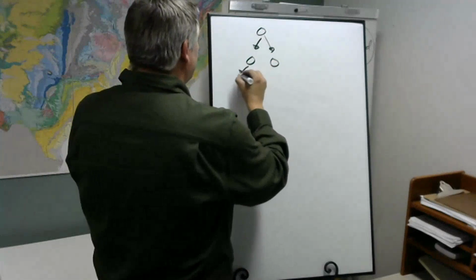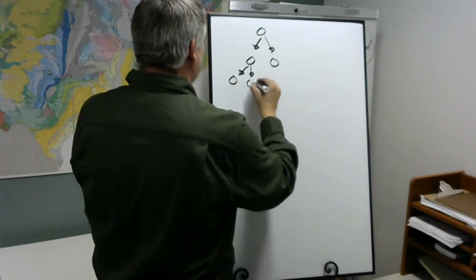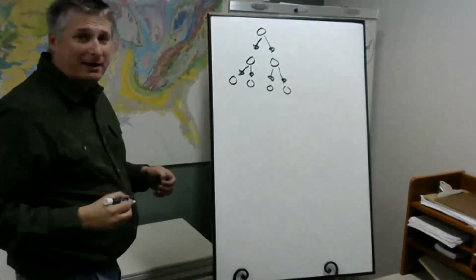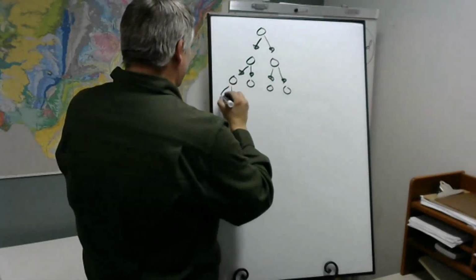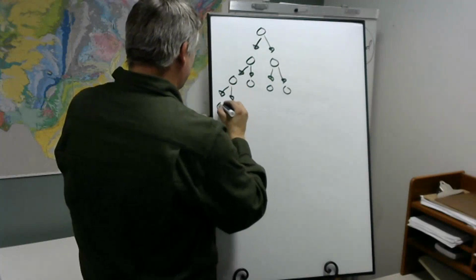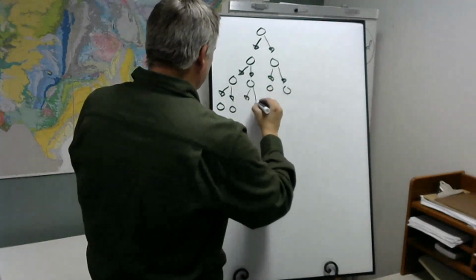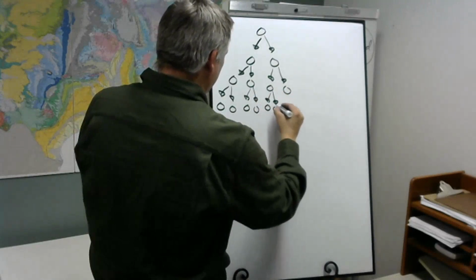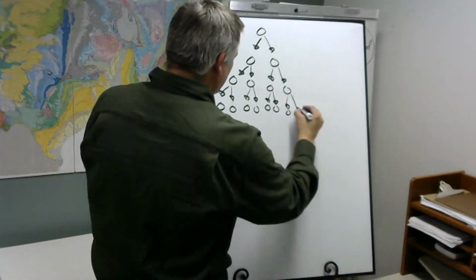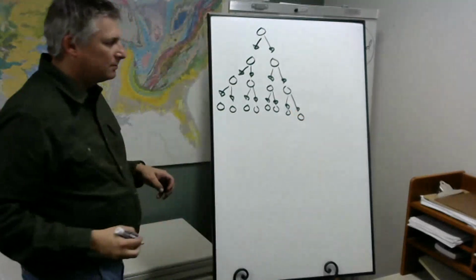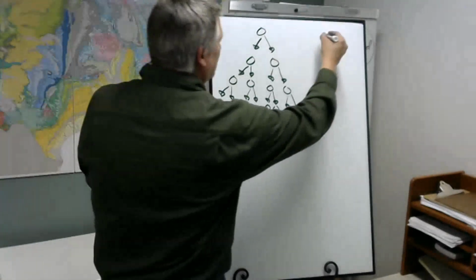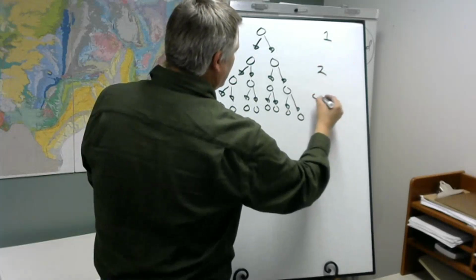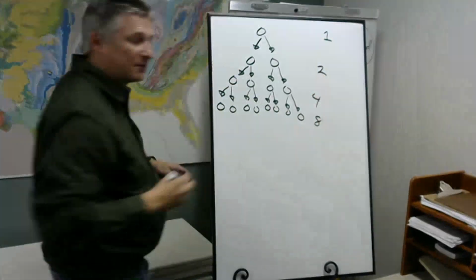And then each of these splits into two, and now you have four bacteria. And each of these splits into two, and we have 8. So we start out with 1, then there's 2, then there's 4, and then there's 8.